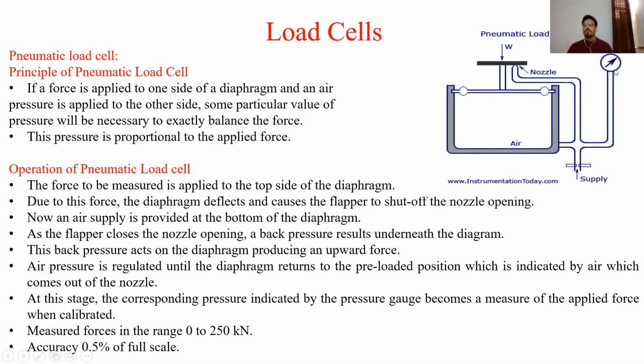Actually, this pressure gauge is also a calibrated pressure gauge, which is calibrated in terms of the force applied. So when you apply the force on this diaphragm, there is a fixed area of this diaphragm, and due to the balancing of this diaphragm by the air, you will get the value of the force which you have applied here.